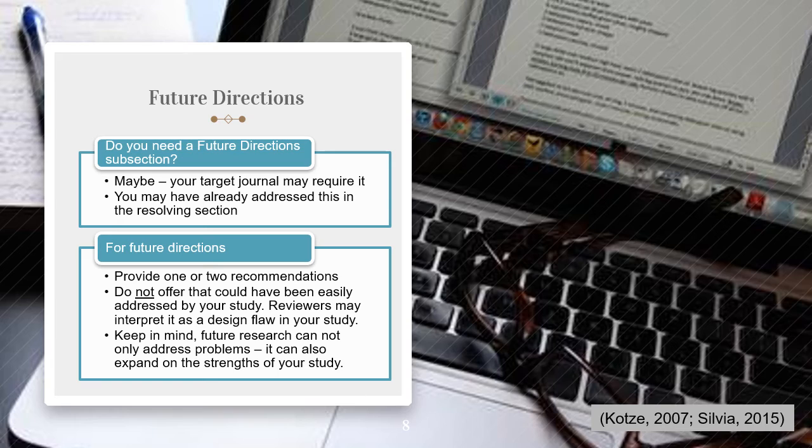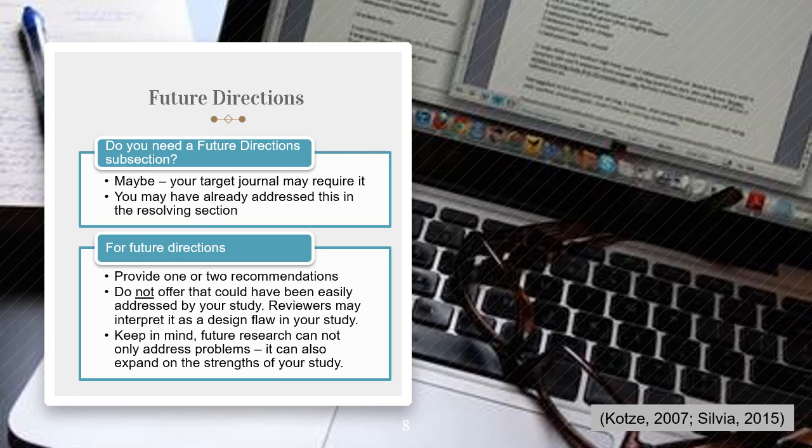Another thing is that you don't want the future directions to be so sexy and appealing that the reviewers will say, well, why didn't you do that study instead of the one you did? A really strong approach to future directions is to build on the strengths and how future research could expand on the strength of your study and a unique finding of your study.